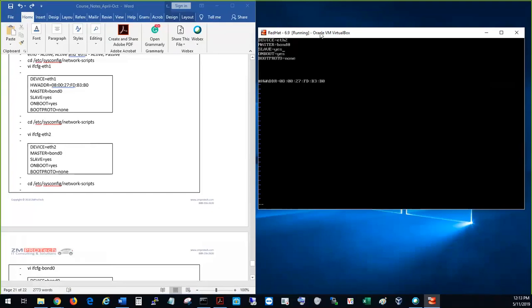Okay, device on boot, yes. Master bond 0, slave, yes. And boot proto.